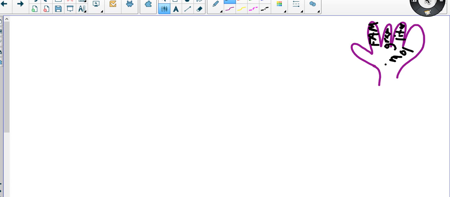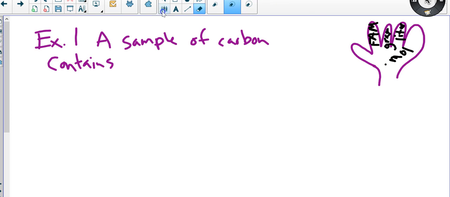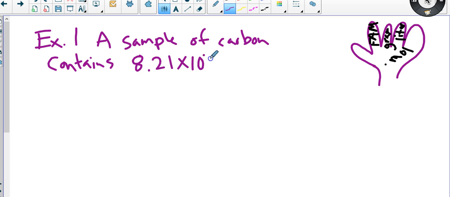Let me give you 3 examples. Example number 1. If you're reading a problem and it says, a sample of carbon contains 8.21 times 10 to the 24th atoms.